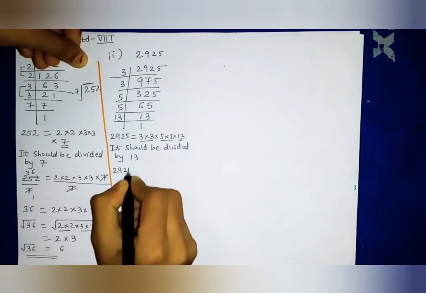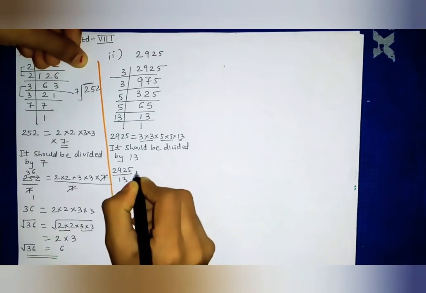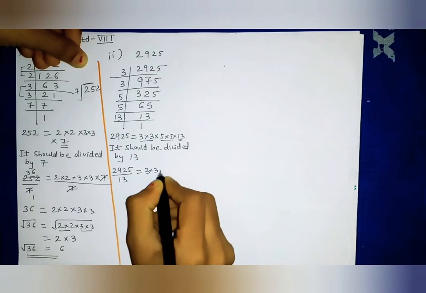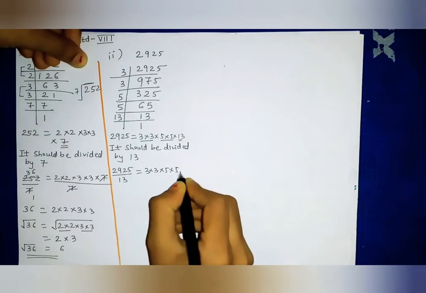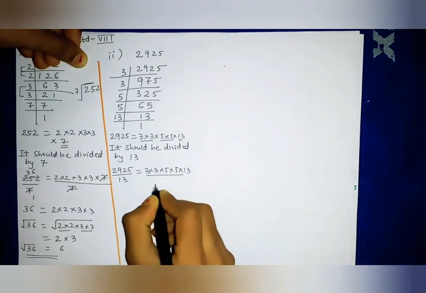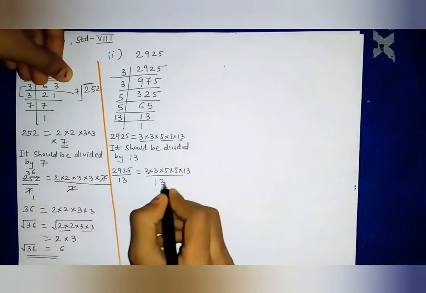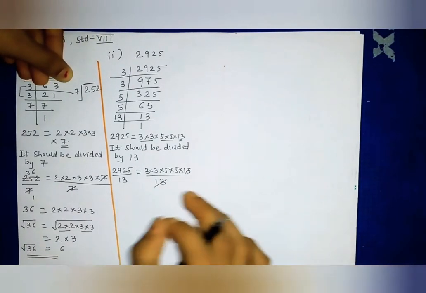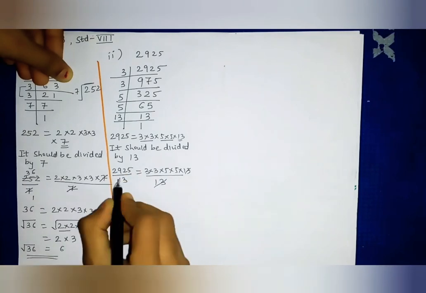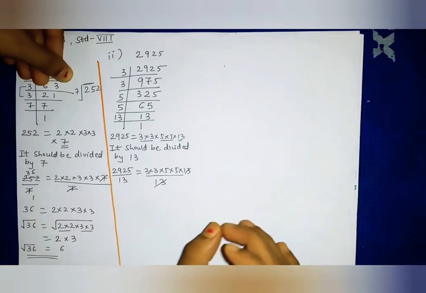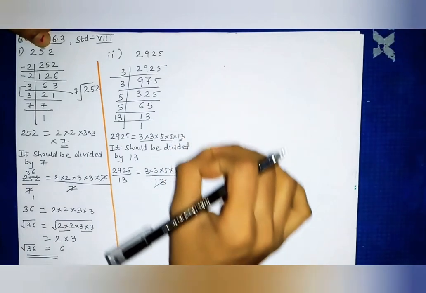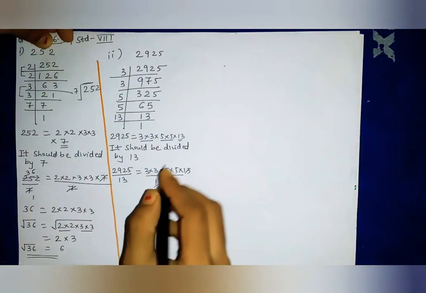Now again both sides we will divide by 13. So here 2925 divided by 13, and this side 3 into 3 into 5 into 5 into 13 divided by 13. Okay, so both sides we will divide by 13. Now here 13 and 13 cancel. Here 2925 divided by 13, you can do it orally, or if you are not comfortable you can divide on the side by the division method. You can divide and check.